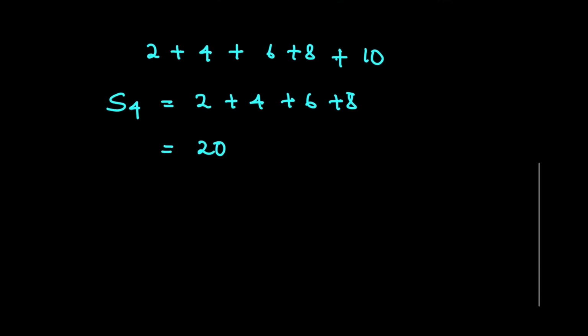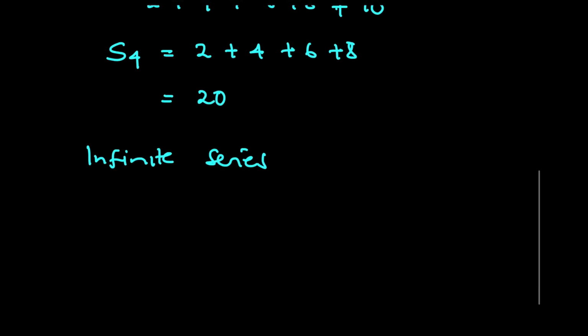You guys get that? And then we also have what we call an infinite series. As far as an infinite series is concerned, we speak about the sum of infinitely many terms in a sequence. So we've got 2 plus 4 plus 6 plus 8, and then our series continues.